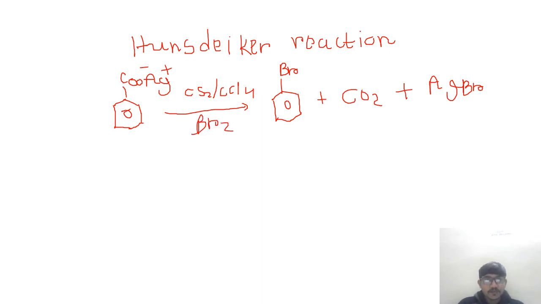You may think how bromine came in, but bromine is also there, so it reacts with the bromine, and then it's converted into the bromobenzene, removing the CO2. This reaction is taken at a somewhat higher temperature. As you know, this COO group is going to be removed in the form of CO2. Then one bromine will react with the Ag plus to form AgBr, and the other bromine is going to attach to the benzene ring and form the bromobenzene. Okay, so this is the Hunsdiecker reaction.